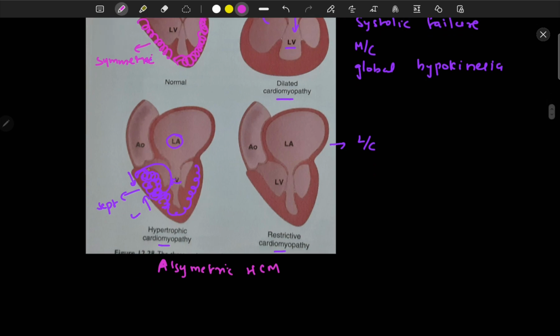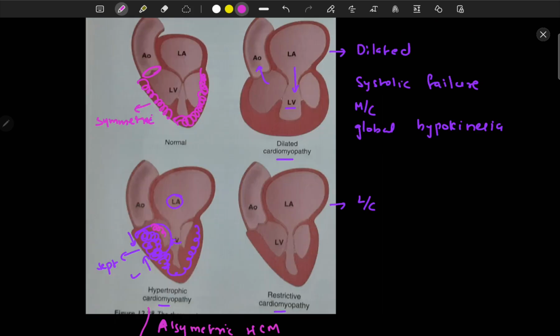As the hypertrophy is causing obstruction of the outflow, this is also called hypertrophic obstructive cardiomyopathy.